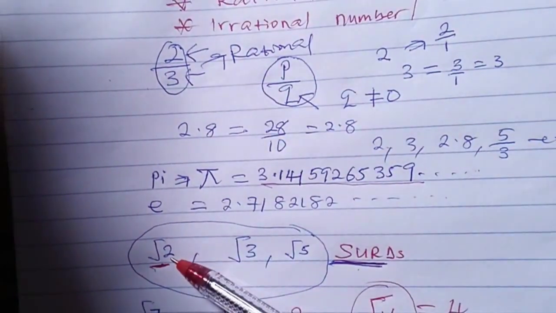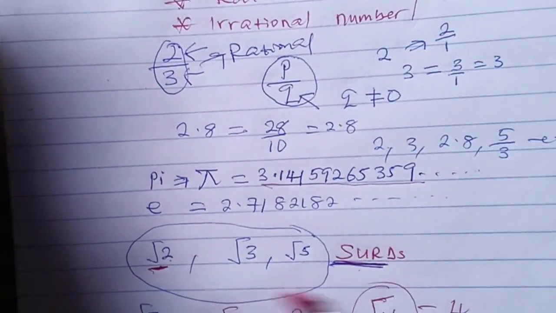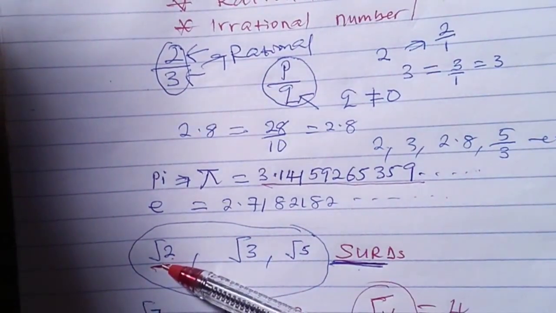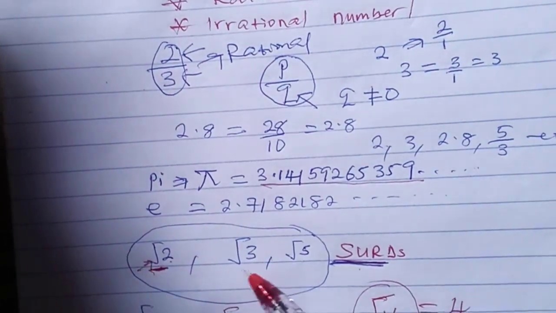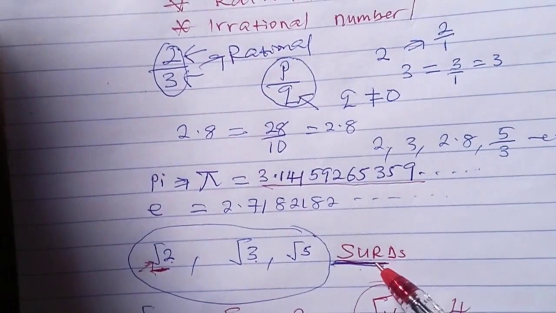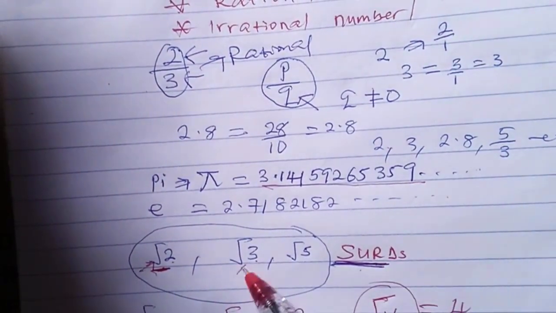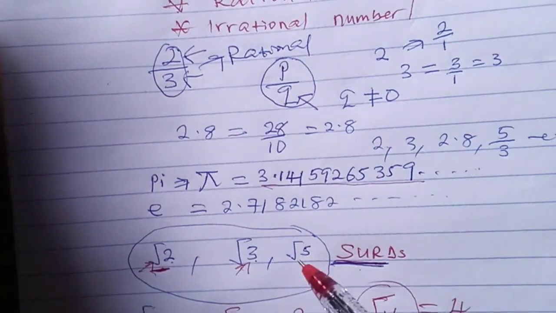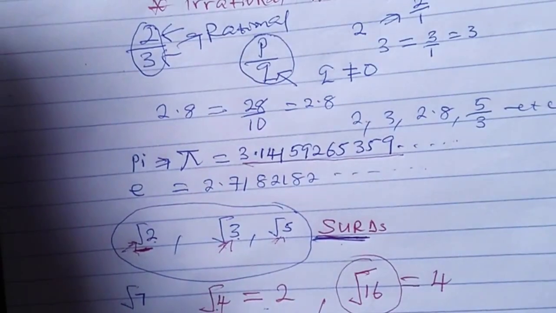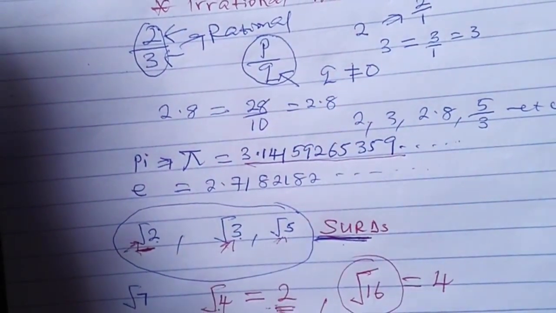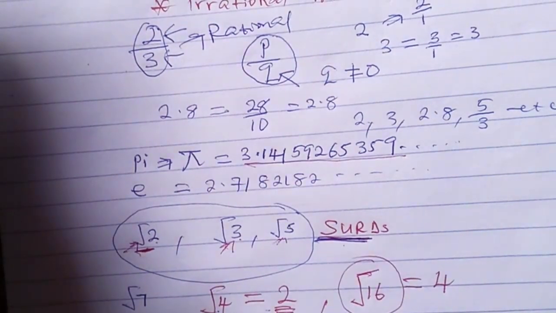Root 2 is an irrational number, of course, but this kind of irrational number we call surd because of the root. Root 3 is also a surd, because it's an irrational number, right? Root 5 too, and we can't call root 4 a surd because the value can be determined. So take note that roots of rational numbers whose values cannot be determined are called surd.